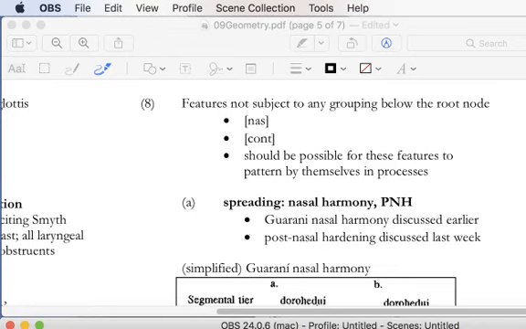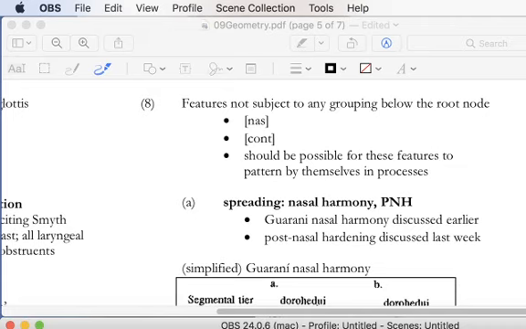Okay, we're back now and talking about features that appear not to be subject to any grouping below the root node. These are features that are not in that top level node, but they're also not in any other large set of features like the major place node or the laryngeal node that we've looked at earlier.